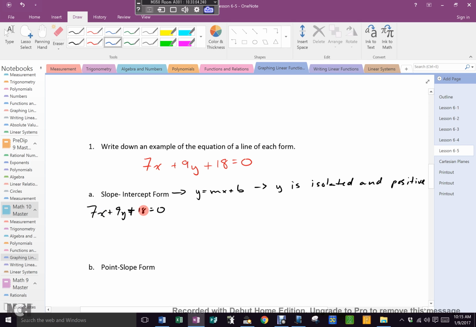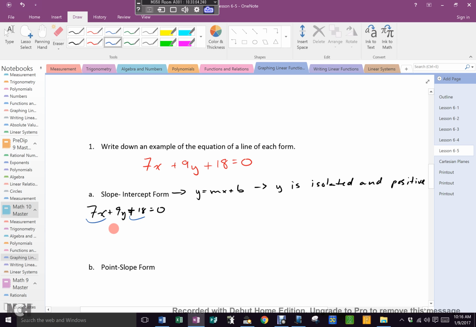So what's wrong with this? The y is neither by itself nor positive. Oh, it is positive. So I only got to fix up one thing, yeah? So I got to get y by itself. So what has to move? 7x. I'm going to move everything else because the y is already positive. So what is my next step going to look like when I show my work on my test?